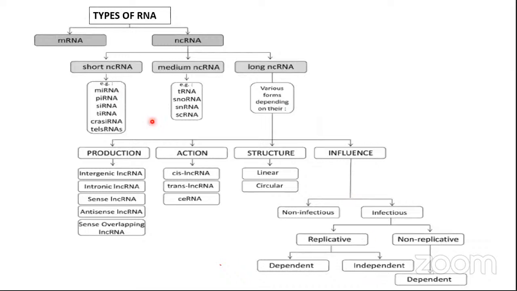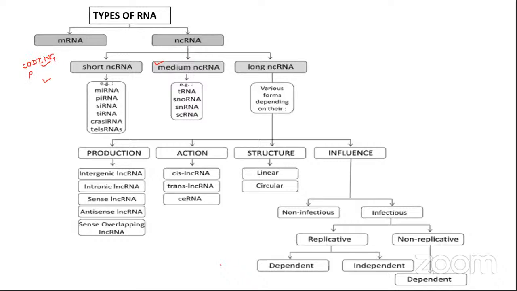So there are different types of RNA which are very important to know before we go deep. There are basically two types of RNA: messenger RNA and non-coding RNA. We can also divide them as coding and non-coding RNA. The messenger RNA is the one which codes for protein, so it is a coding RNA.